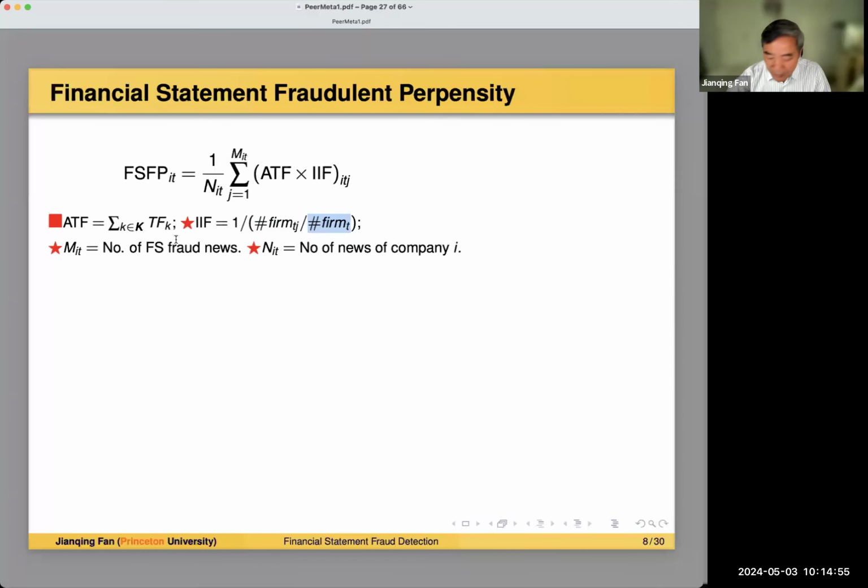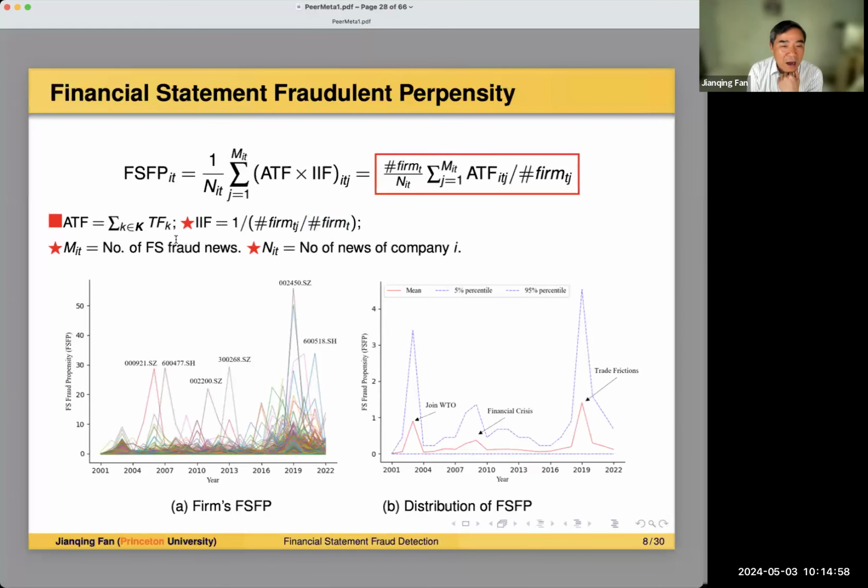This is the definition and calculation of financial statement fraudulence, which is the suitably normalized financial statement fraud reports about that article, and we use the total term frequency as the intensity of the propensity scores.